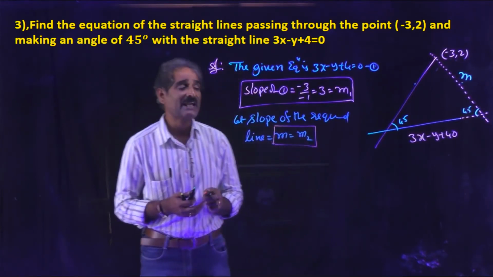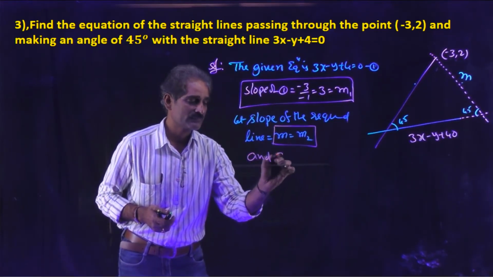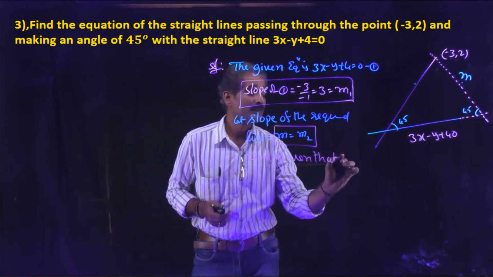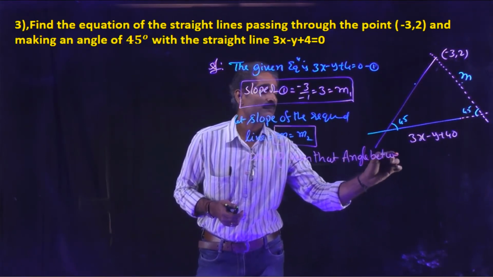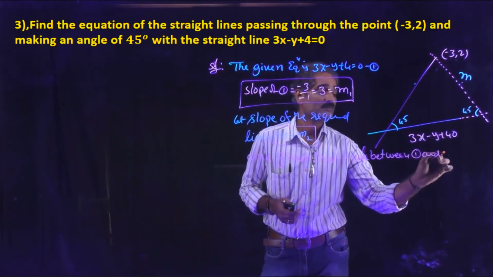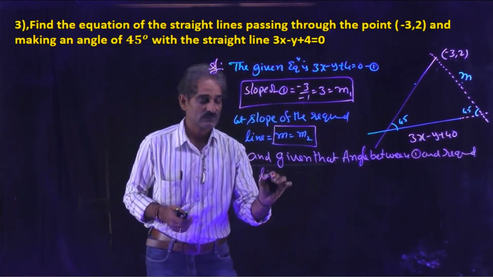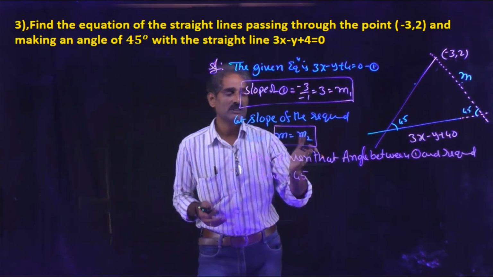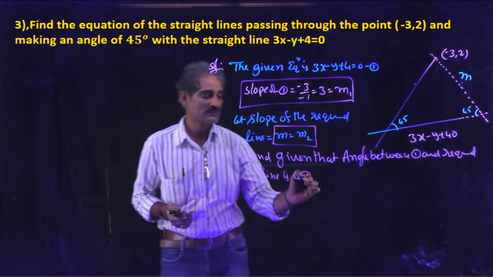Given that the angle between line 1 and the required line is 45 degrees. So m1 equals 3, m2 equals m, which is the unknown value, and theta is 45 degrees.